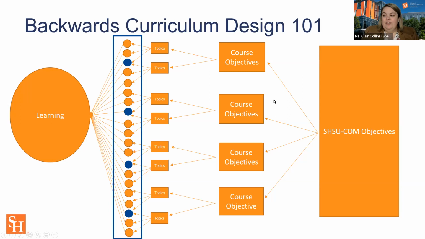So those get fragmented. What we're seeing here is this big rectangle, which is our broad program objectives, get busted out into course objectives. So if you're on a clinical rotation, say our adult medicine clinical rotation, then you will have certain course objectives that the students need to have accomplished by the time they leave.